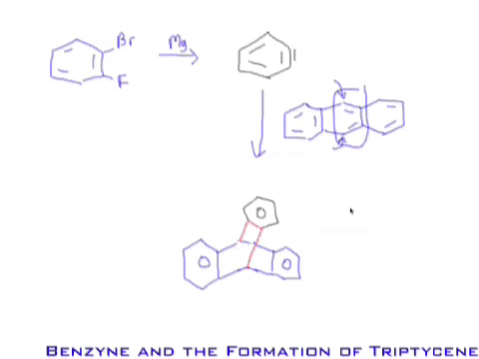And this is the triptycene molecule that adds across the pi bond. It's a Diels-Alder reaction, and the dienophile of the benzyne adds. The fact that you could get a Diels-Alder reaction on the product, this suggests the presence of the benzyne molecule.